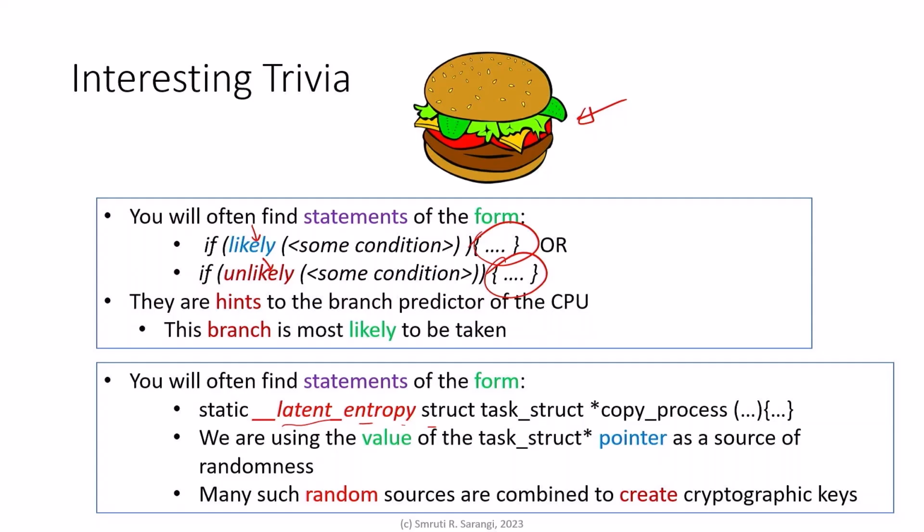So the values of all the pointers of different data structures, you kind of combine them. It creates a source of randomness. All right. It may not be a very strong random number, but it's a reasonably strong random number, which in many cases is sufficient for cryptographic purposes. So you can use this as a random source to generate a cryptographic key.